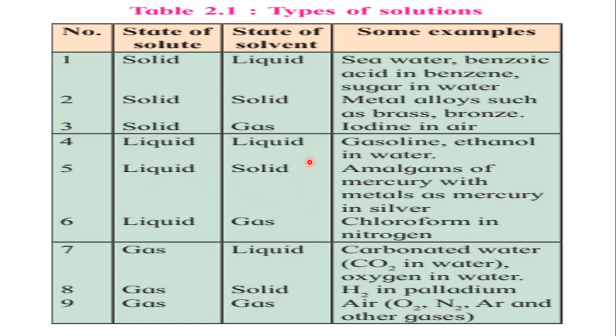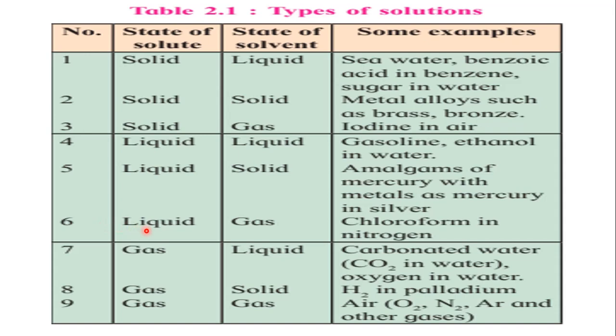Larger quantity is in a solid state, so appears in a solid state. And liquid is the solute. Amalgams of mercury with metals such as sodium or silver. Here mercury, you know that mercury exists in a liquid state. So solute is mercury and solvent is silver, like this.